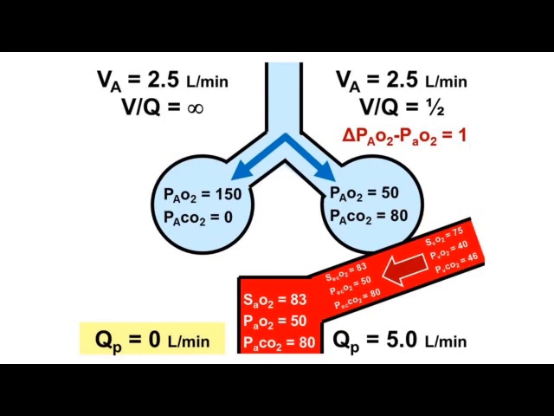So we have a PCO2 of 80, a PO2 of 50. And this is the only thing contributing to arterial blood gas. So basically, we get the same thing we got for a VQ ratio of 1/2, PCO2 of 80, PO2 of 50. All right. So the point here is that wasted ventilation in parallel has no effect on arterial blood gases.